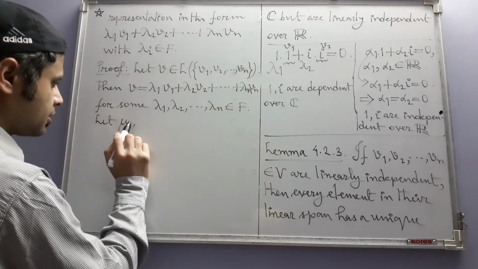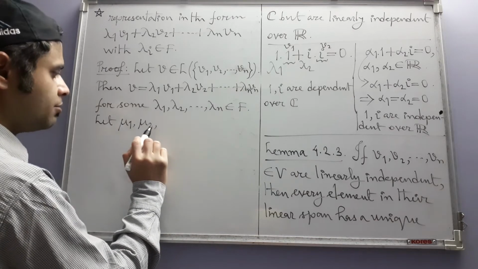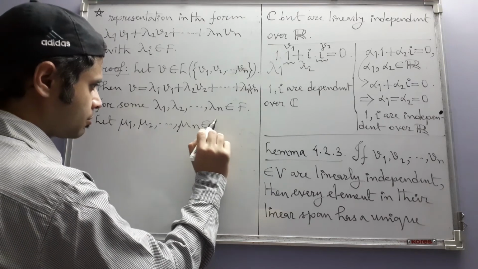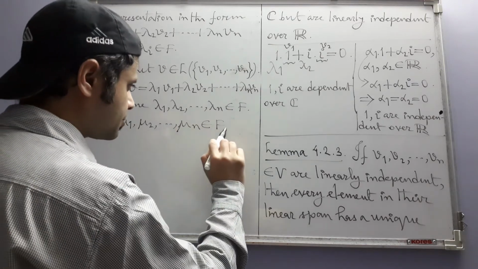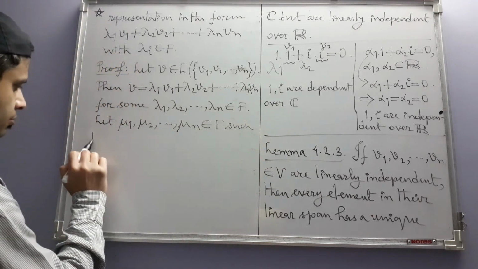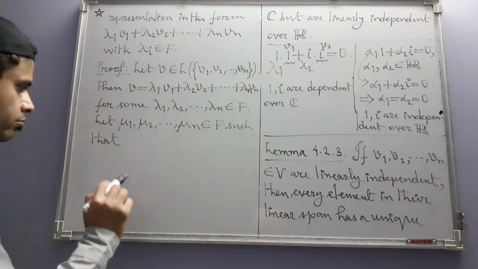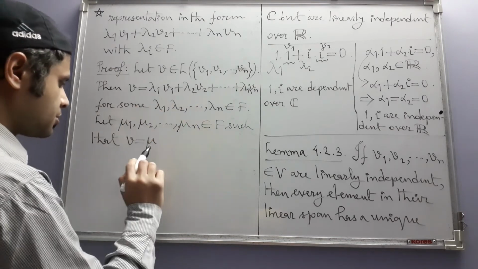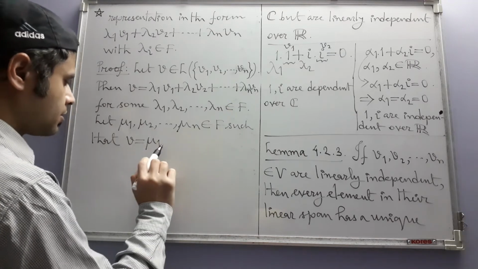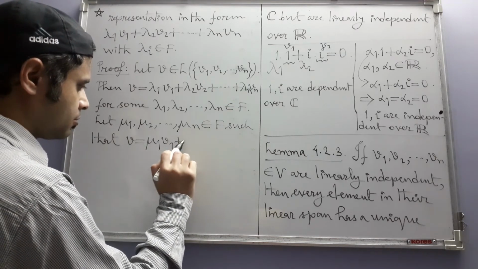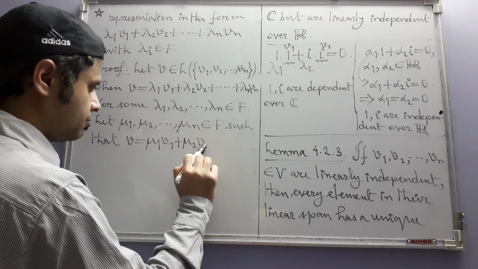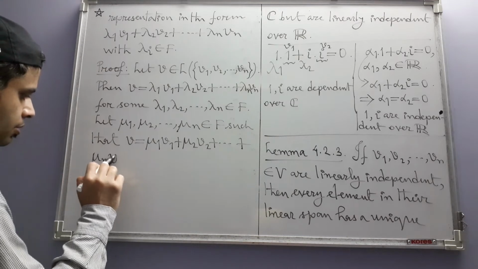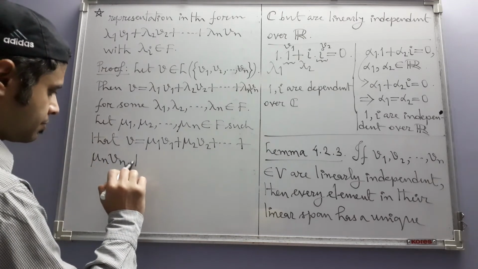So suppose there are some possibly different scalars mu 1 to mu n belonging to F such that v is also expressible as a linear combination of those same vectors, but with these scalars: mu 1 v1 plus mu 2 v2 up to mu n vn.